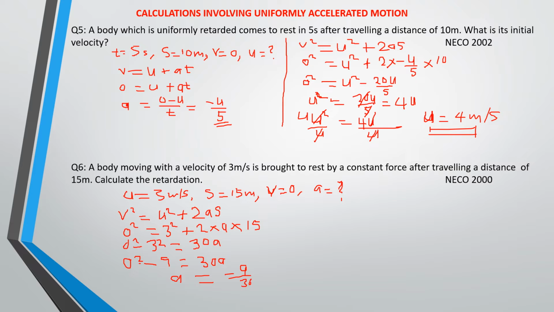Don't forget that you are looking for retardation, so that minus sign is there. If you divide this out, you are going to have minus 0.3 meters per second squared.